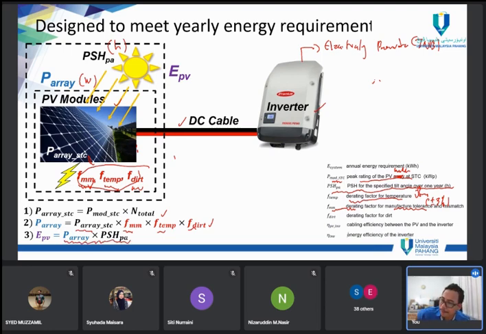So that is the total generated energy at the PV module site, only for the PV module side, not yet transported to the inverter through the DC cable. So it's on the side of the PV modules. Then we get EPV equal to P array multiplied with PSHPA.